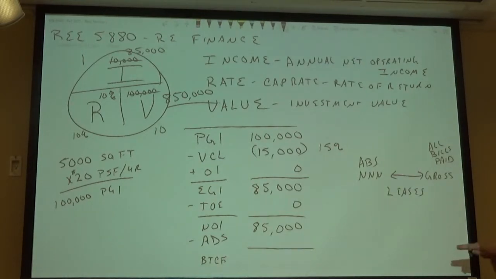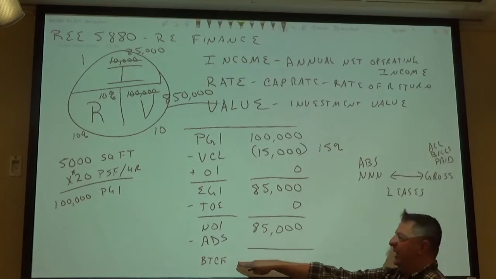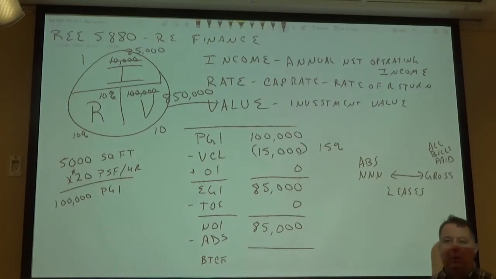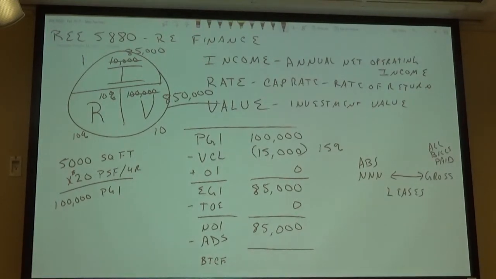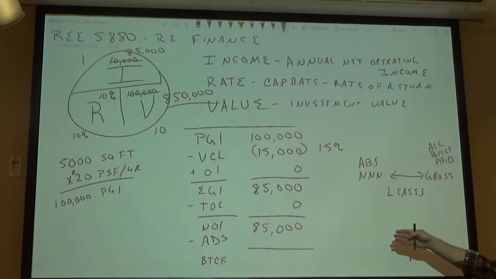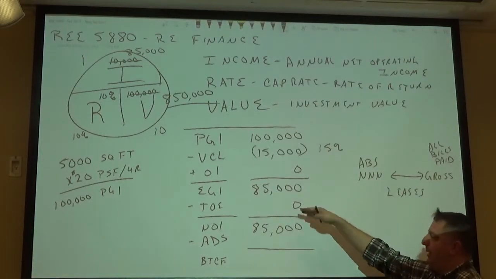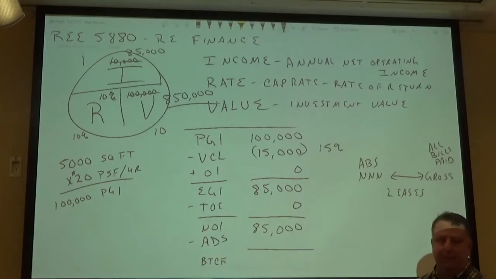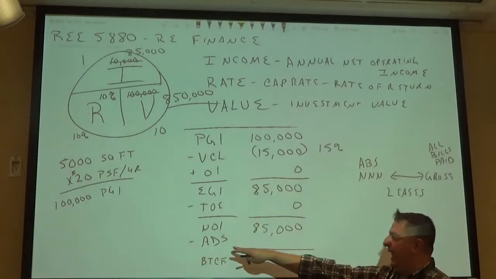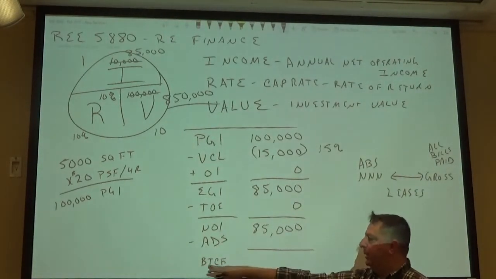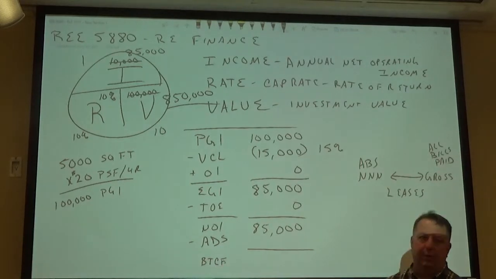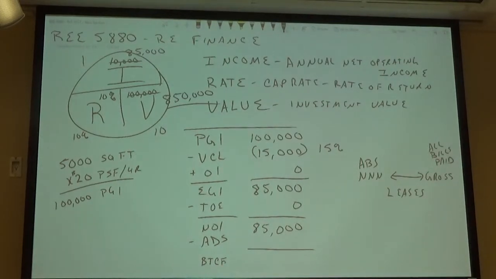Before tax cash flow is basically the income we have generated after we've paid all of our bills, including our mortgage payment. Does that make sense? So once again: annual debt service, before tax cash flow.